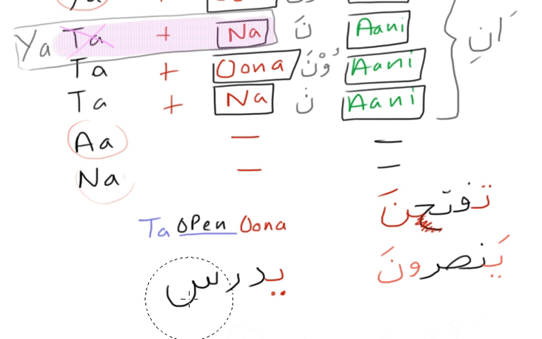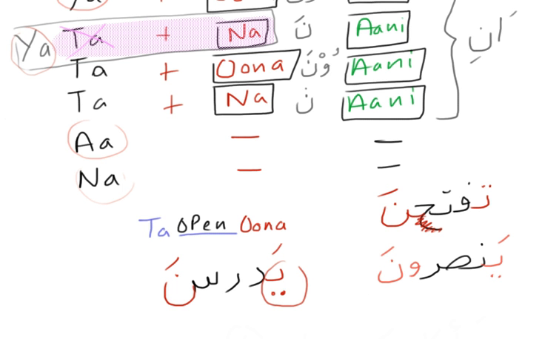To add noon, I get rid of this and just add the noon right over here. So yadrusna, yadrusna. Normally you would say tadrusna, but this is a unique case where, for the feminine plural of they, the first letter is ya instead of ta. That's only for this special case, and that's basically how it works.